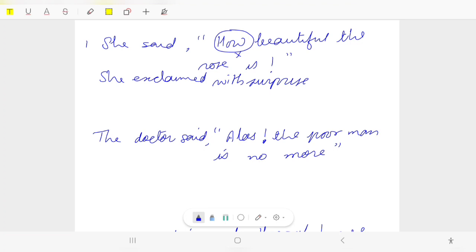So according to that we'll change. She said, "How beautiful the rose is." The sentences where how and what are written are changed like this. Comma, inverted comma removed. She exclaimed with surprise that. Now see in this part, where is the subject or noun? The subject is the rose.